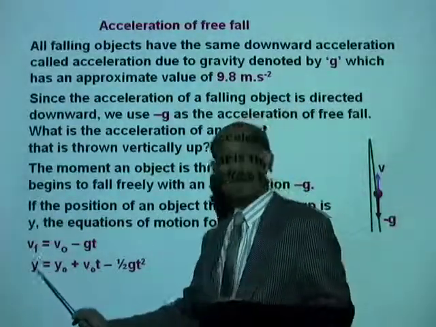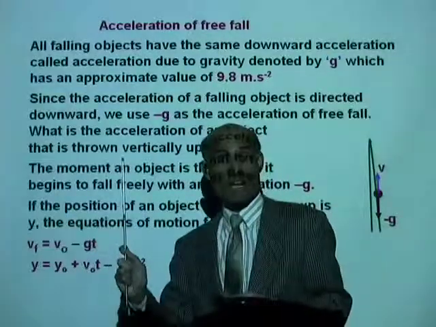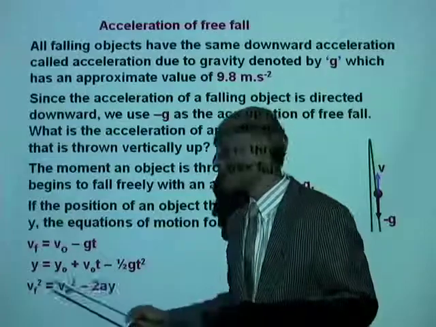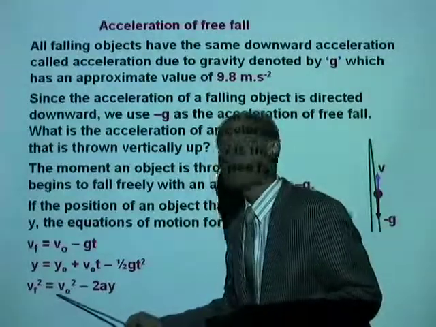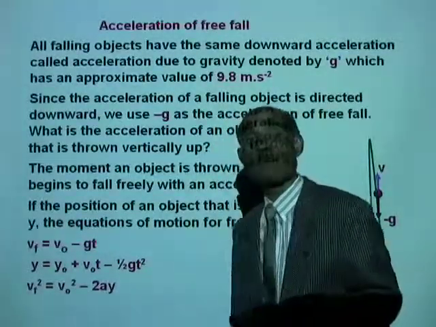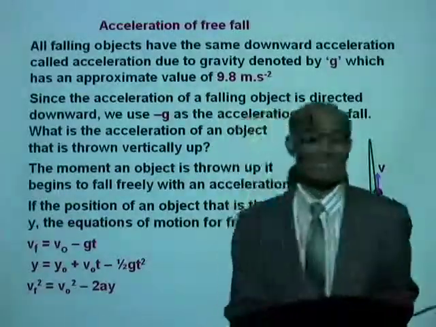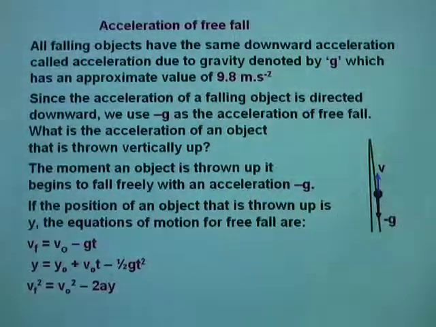I hope you understand why I'm using y and not x. And what will be my third equation? v_f squared equals v_0 squared minus 2gy. Look at that, I forgot to change that a to g. It'll be minus 2gy.